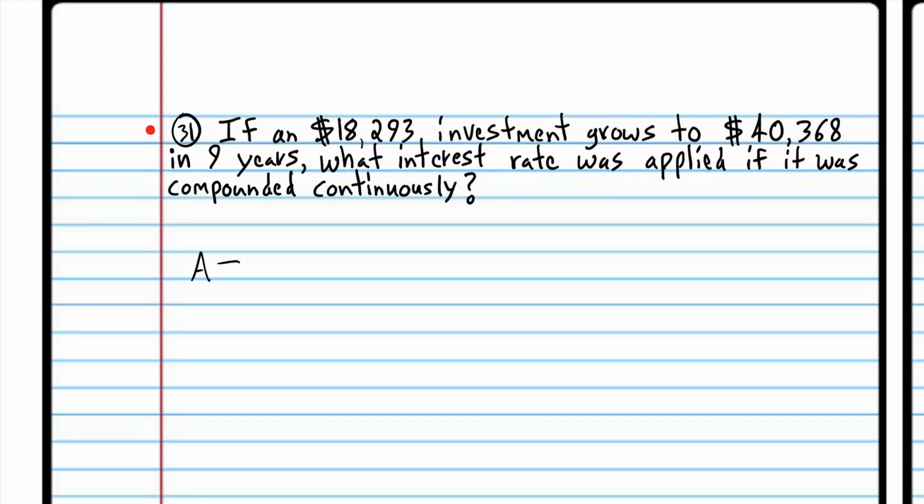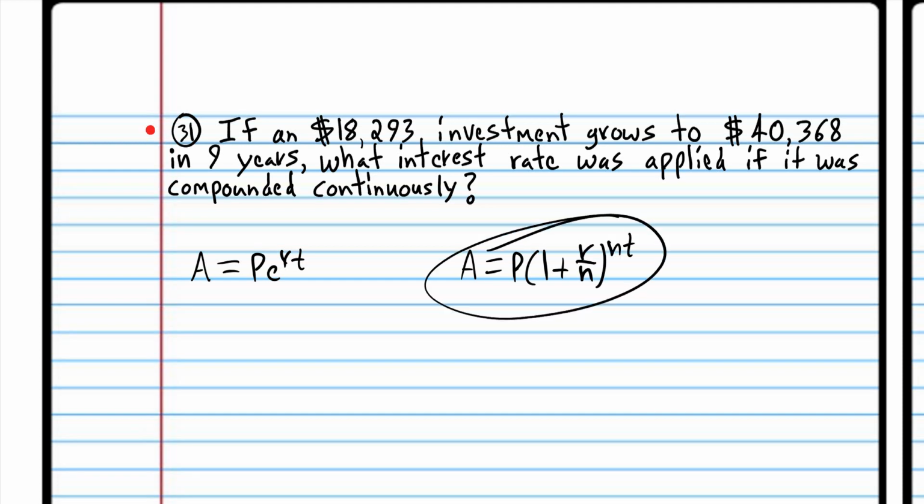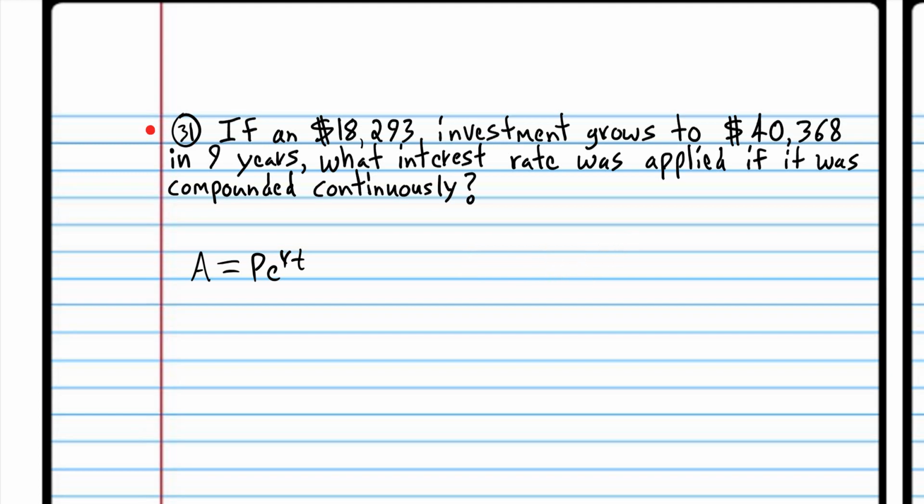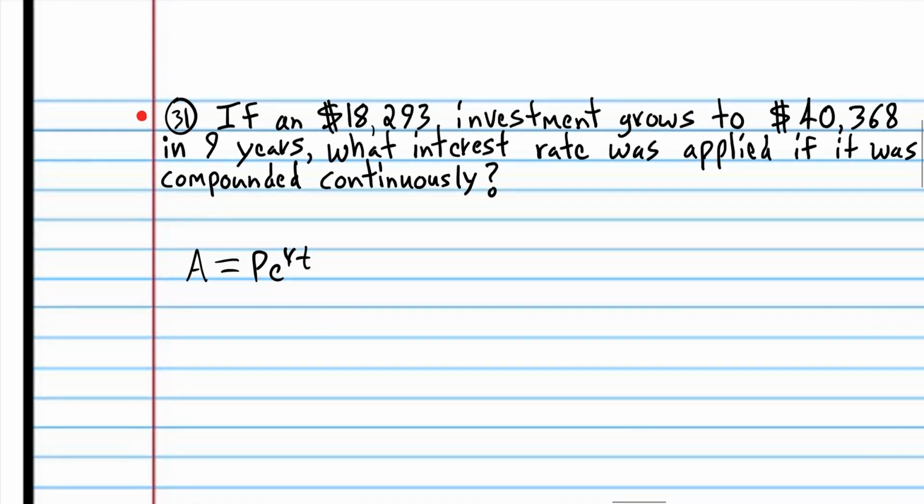So interest compounded continuously is not going to be this formula. This is when you have a finite number of compounding events. We're not going to use that. We're going to use this formula because there's an infinite compounding events.